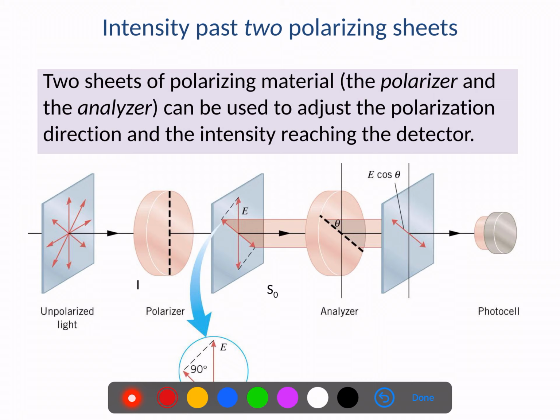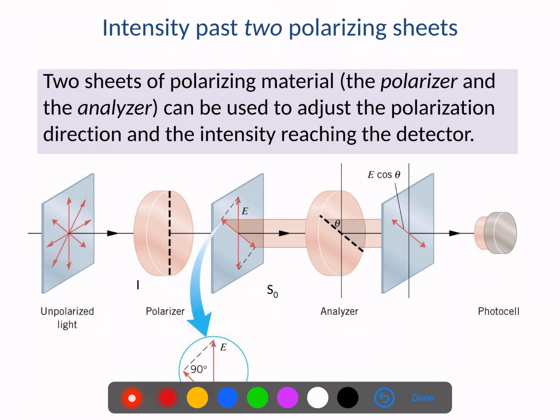So another polarizing material after that, if it's got linearly polarized light incident upon it, will then reduce the light even further. Oftentimes the second polarizer is termed an analyzer, but essentially it's the same sort of polarizing material. Here's where you can see what I was saying about the components.